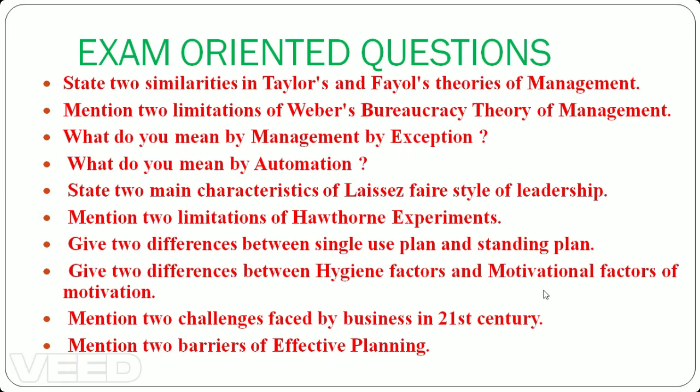So a question may come where you are asked about the similarities between Taylor's and Fayol's theories. This is one of the most important questions that all of you need to know, and when you go through this question, you also get an idea about Taylor's and Fayol's theories. And the next question is: mention two limitations of Weber's bureaucracy theory of management.